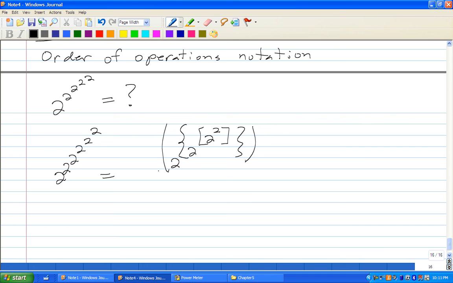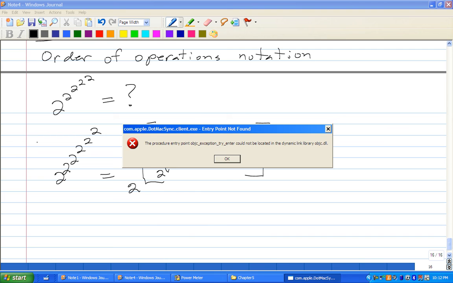Raise that to the power 2. Raise that to the power 2. And so this is how you would evaluate any sort of tower of exponents where you haven't put down already what the parentheses are. And so the parentheses go from top to bottom.